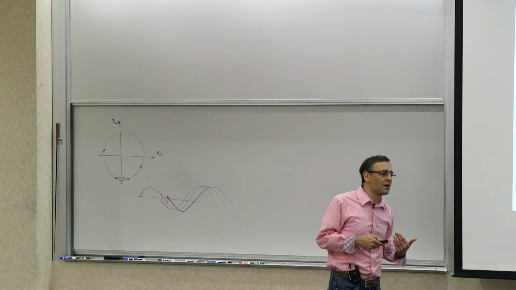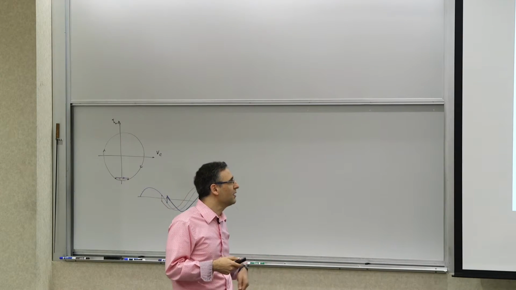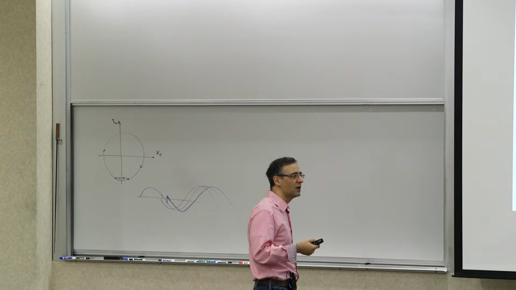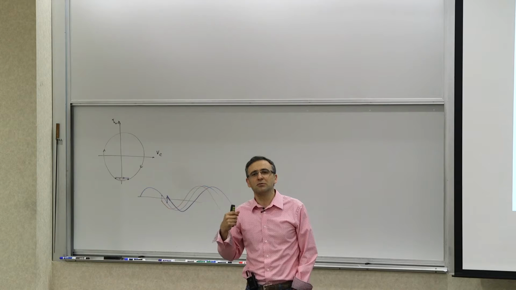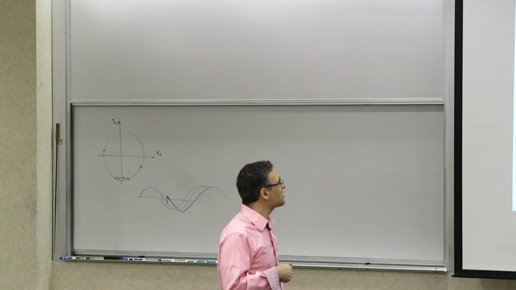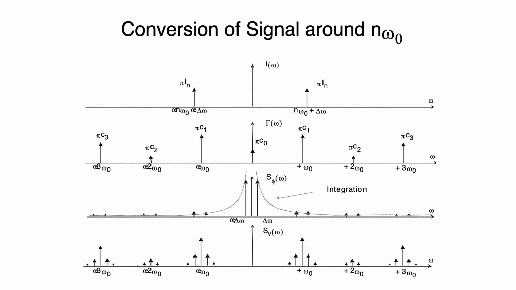Now, you can, of course, think about what happens if you have different kinds of perturbations. Based on this model, these are a couple of examples. Let's say you have a sinusoidal input around the frequency of oscillation or an integer multiple of the frequency of oscillation. If you have a sinusoidal perturbation at n omega naught, in this case n is 1, really, the way it's shown in this plot, but it can be any.